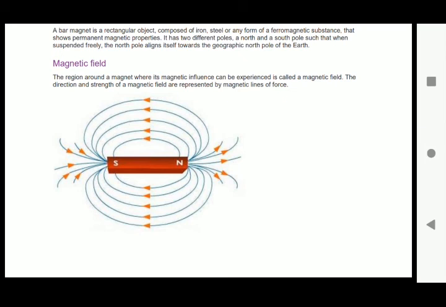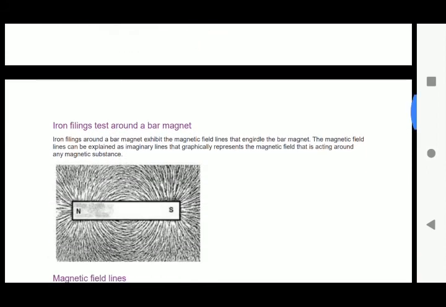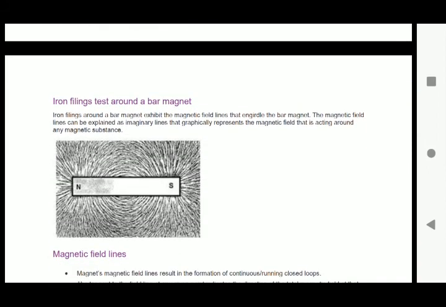Now, how to plot the magnetic field pattern due to a bar magnet by iron filings? We'll do one activity. Fix a sheet of white paper on a drawing board. Place a bar magnet in the center of it as shown in the figure.